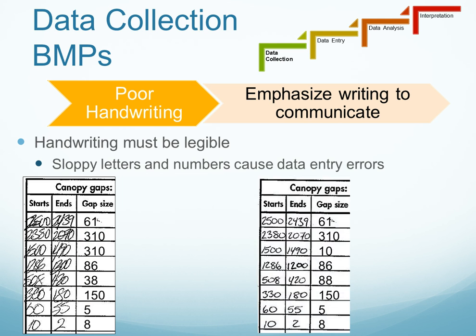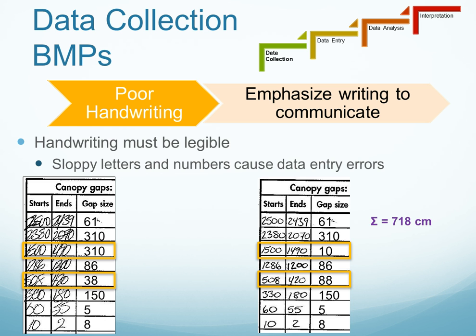We see in the example on the right the same numbers written more neatly, and if we compare them, we can see that there are some differences in the gap size that is calculated. For example, instead of 1500, this was interpreted as 1800, and so it resulted in a difference between 310 and 10.